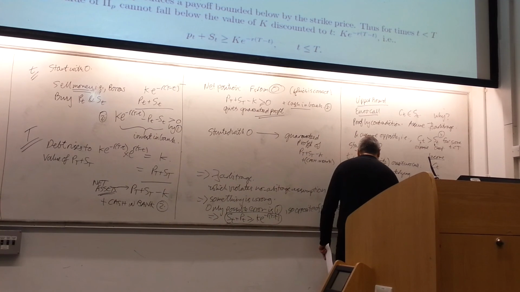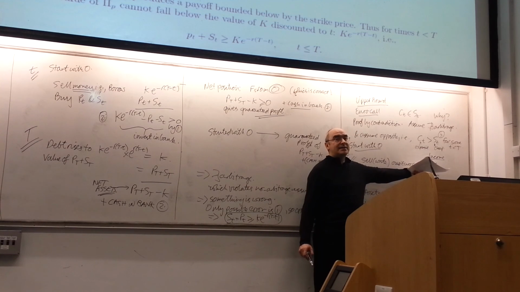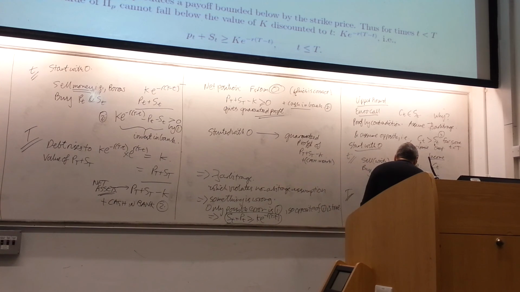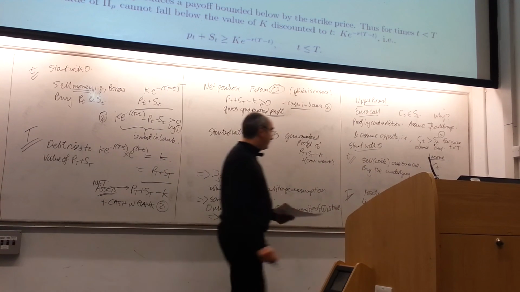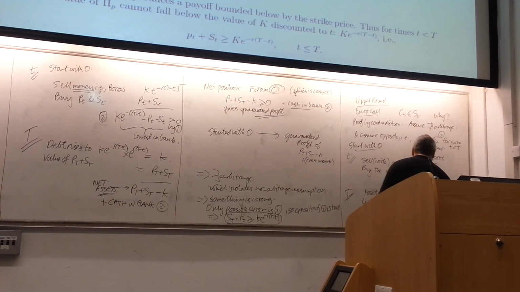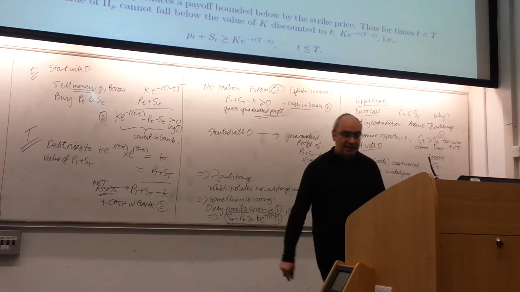My liability, what is my liability? Well, I've written a call option, so my liability is the payoff of the call option at expiry. So it's max of ST minus K and 0. And if I subtract that all off to find out what my liability is, it's going to be, I'll continue over here.